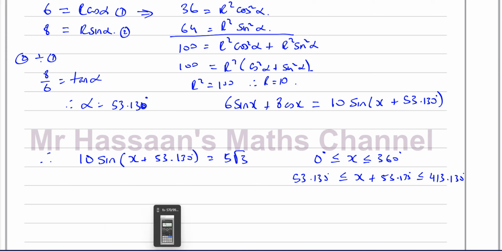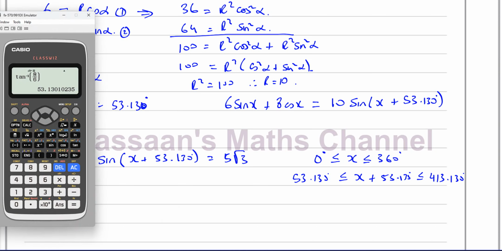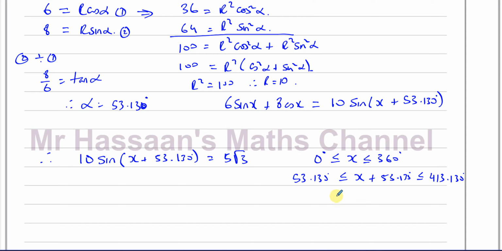Again, let me just confirm that, just to make sure that I didn't make any silly mistake. 360 plus 53.130. That gives 413.130. That's fine. Okay, so those are our two limits that we start and stop when we're finding our angles.